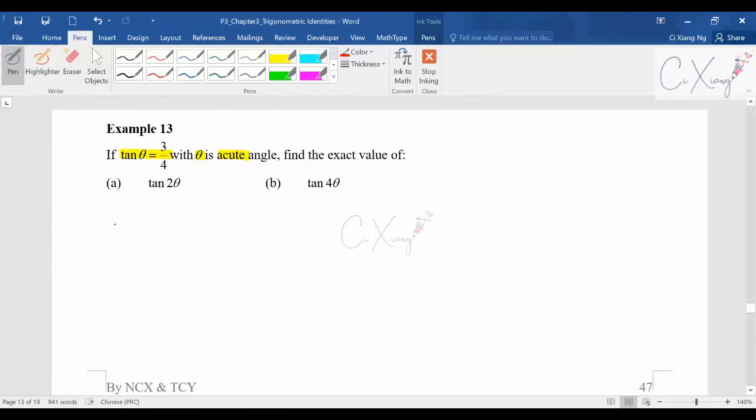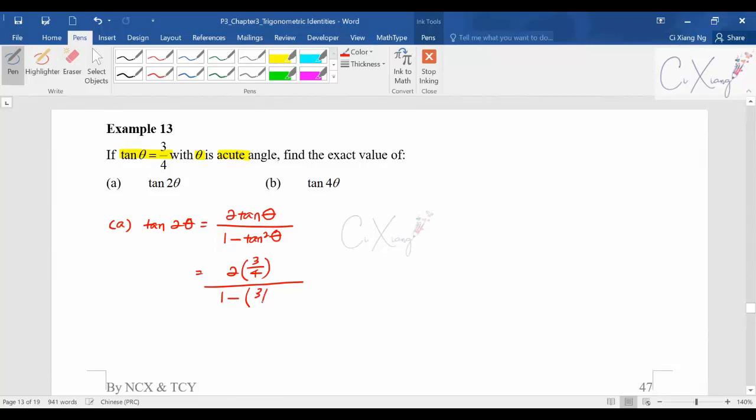Okay, so for us, if you want to get the value for tangent 2 theta, what is the formula? It should be 2 tangent theta divided by 1 minus tangent square theta, right? Okay, so what's the value for tangent theta? It is given 3 over 4 divided by 1 minus tangent theta square.